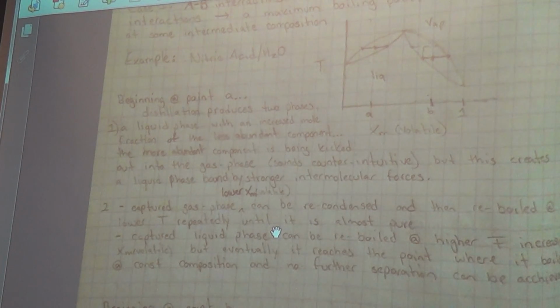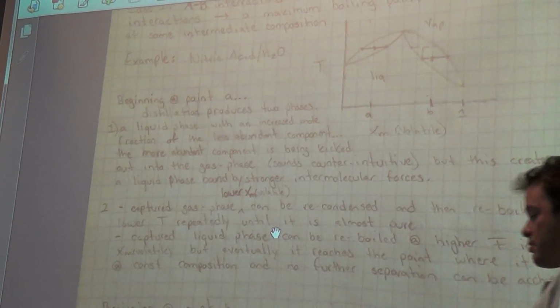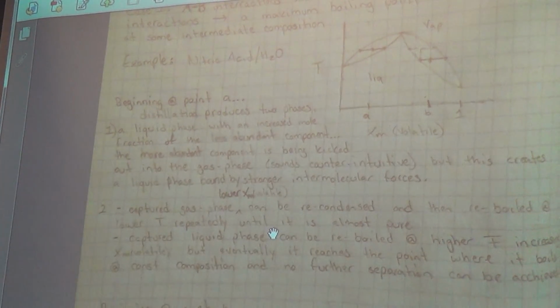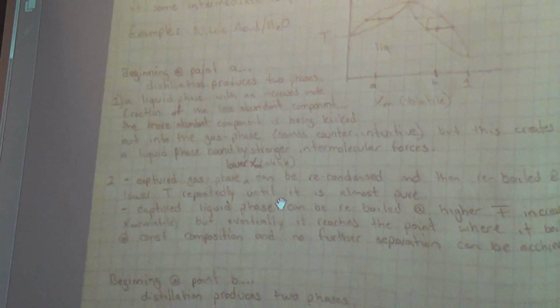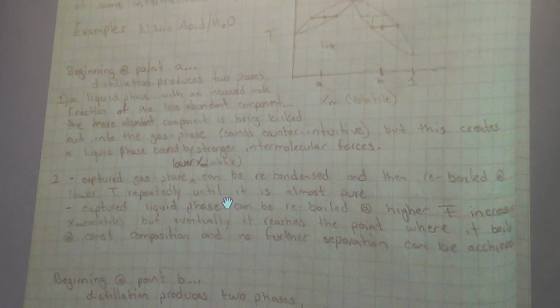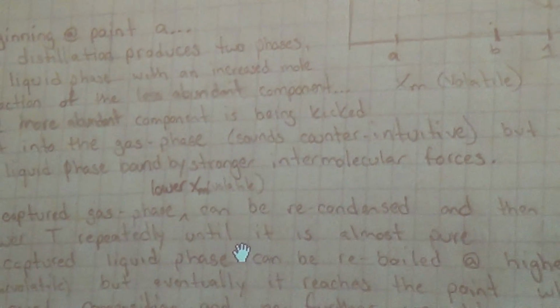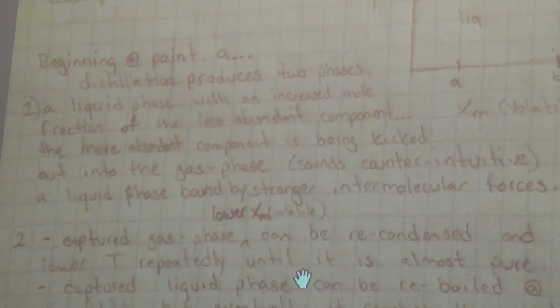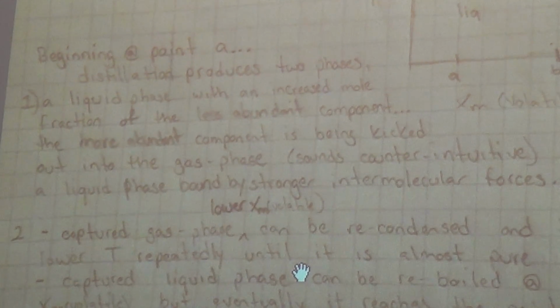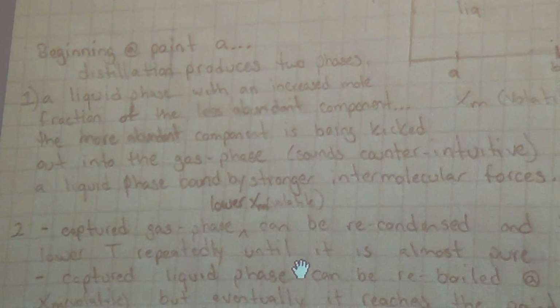We have two different cases that can potentially be occurring. And those cases are that the interactions between an A and a B molecule are stronger than the interaction between an A molecule and an A molecule, or a B molecule and a B molecule.